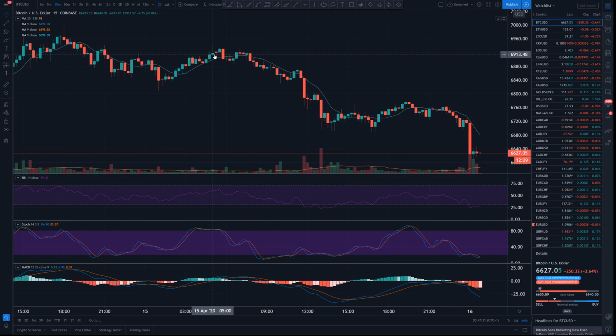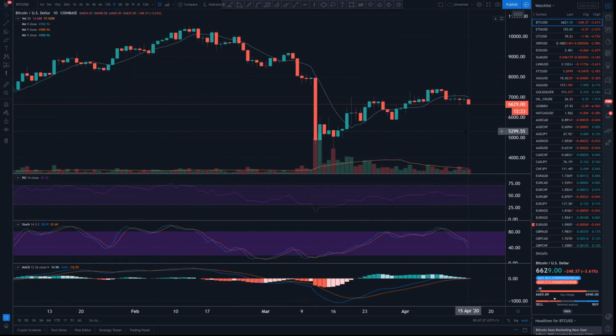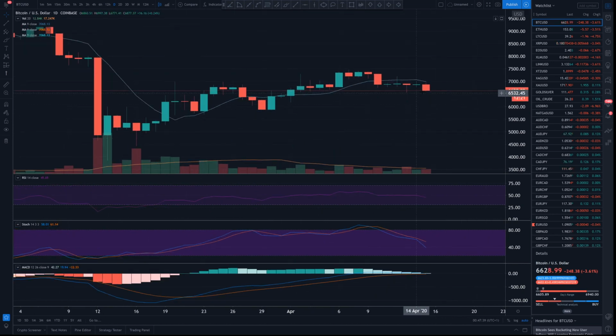If I go to the daily candle, we are in this daily candle that, like I just said, closes in about 15 minutes. We will see on the information that our high on this candle was 69.40. That is the top of this wick.